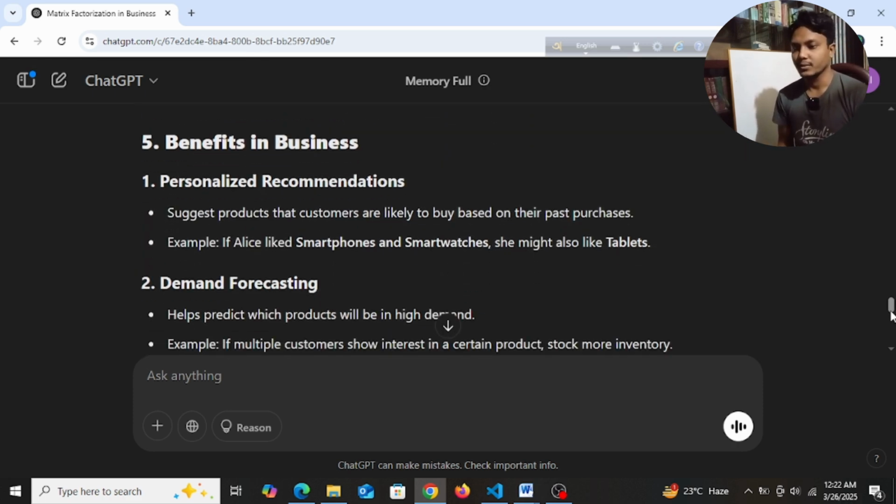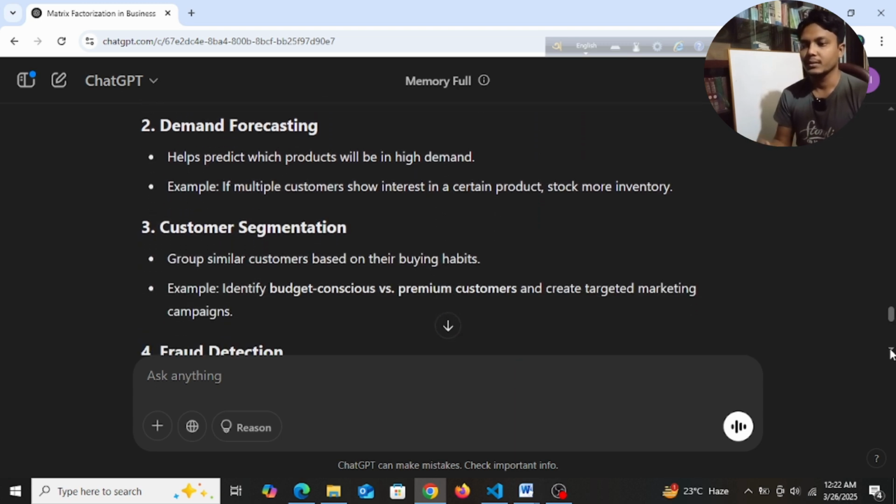Benefits in business: personalized recommendations, suggesting products that customers are likely to buy based on their past purchases. Example, if Elise liked smartphones and smartwatches, she might also like tablets. Demand forecasting helps predict which products will be in high demand.